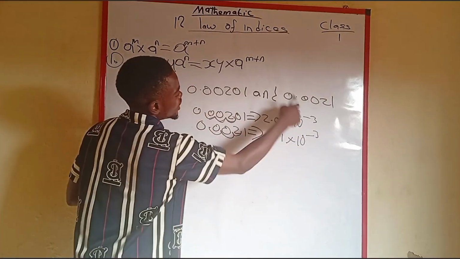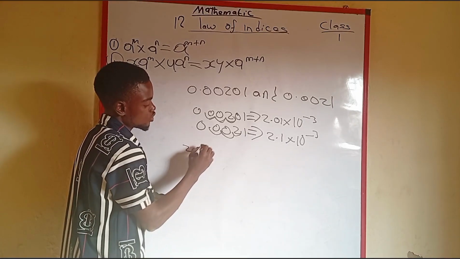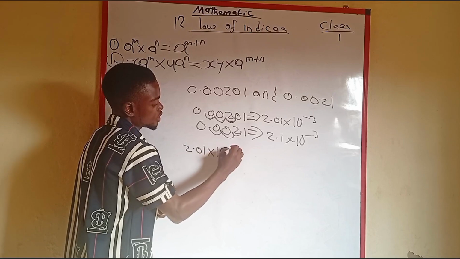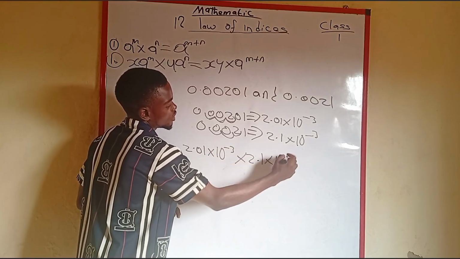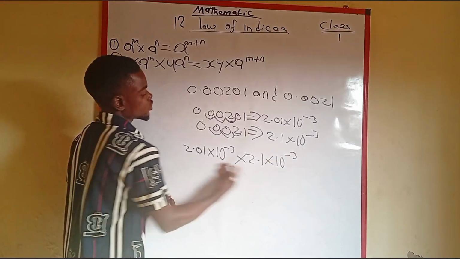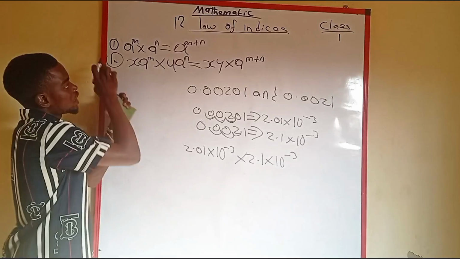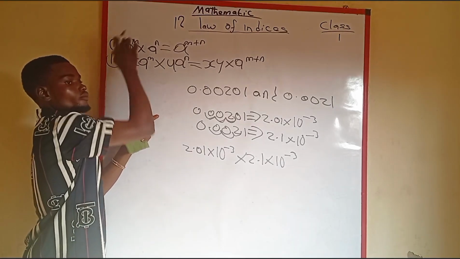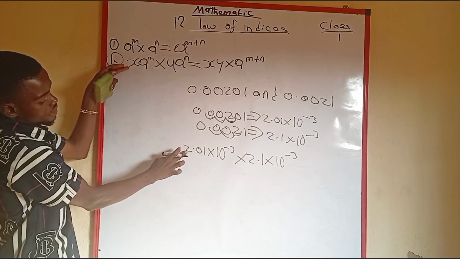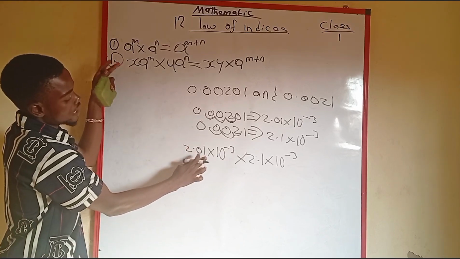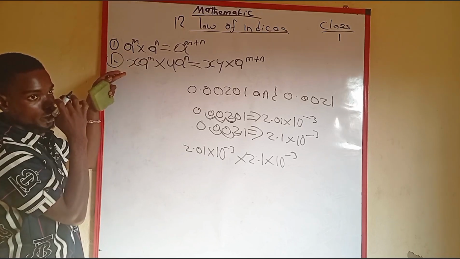Finding the product of this and this. Product means multiplication. So I should multiply 2.01 multiplied by 10 raised to the power -3 by 2.1 multiplied by 10 raised to the power -3. This is what I have to find the product of. Now, if you look at this expression and look at part B of rule number 1, you find out that this s is the same thing as 2.01, and this 10 raised to the power -3 is the a raised to the power m, which is the base.